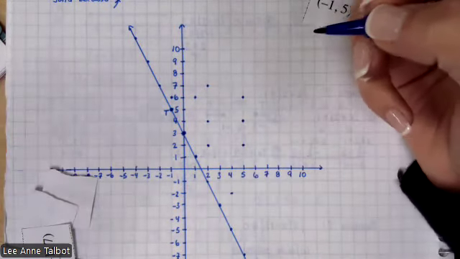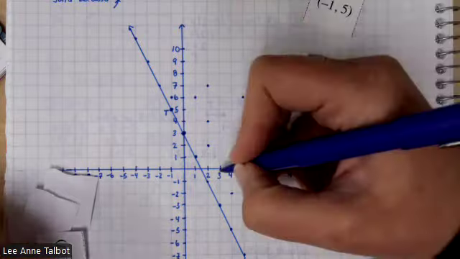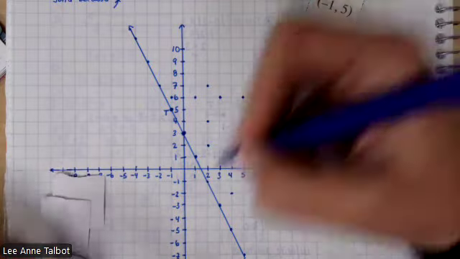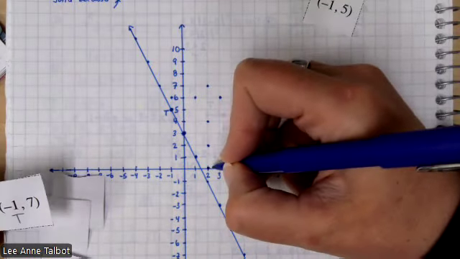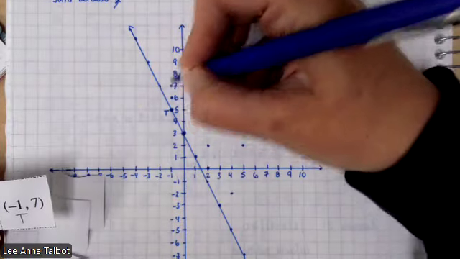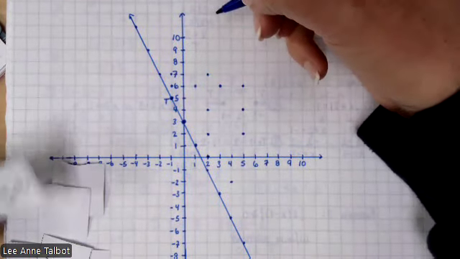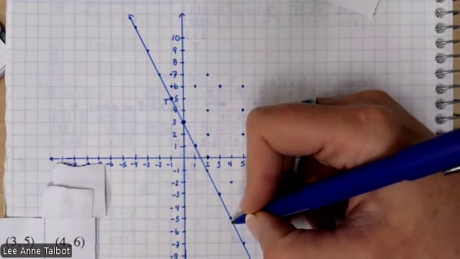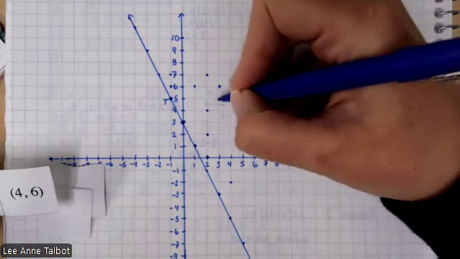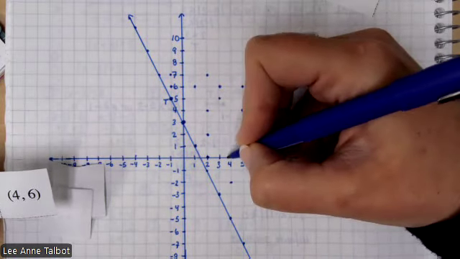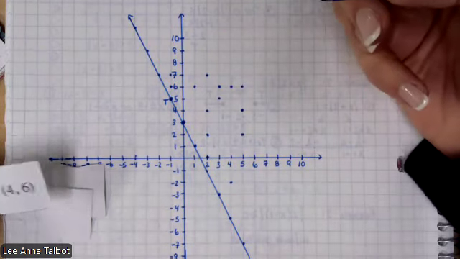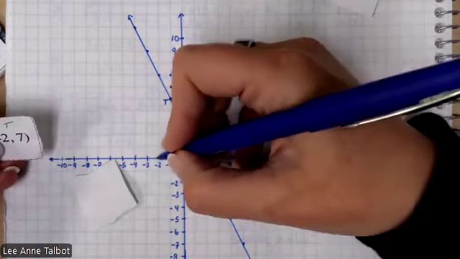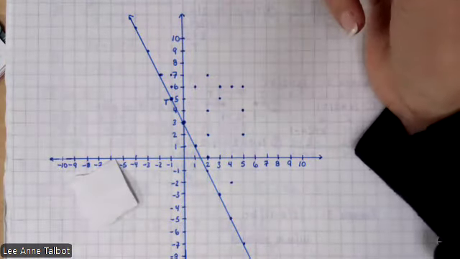You guys did a great job plugging these in. 3, 6. 2, 0. -1, 7. 4, -5 is already graphed. 3, 5. 4, 6. -2, 7, already graphed. 1, 4.